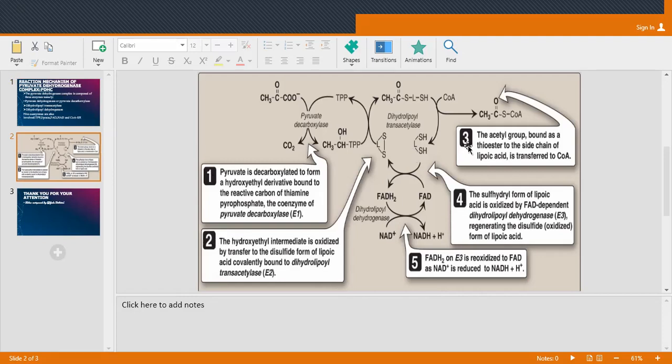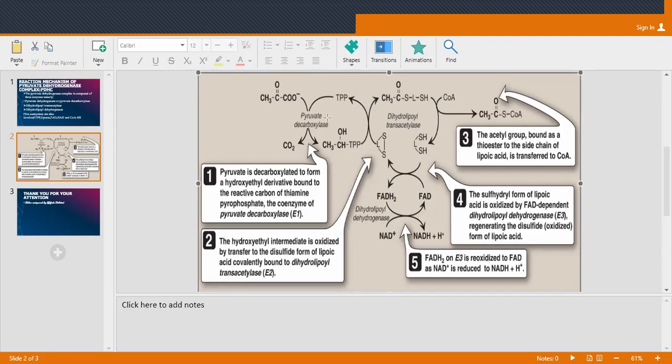Reaction number 3 is catalyzed by the dihydrolipoyl transacetylase, which is also known as the dihydrolipoyl acetyltransferase. Reaction 4 and 5 are catalyzed by the dihydrolipoyl dehydrogenase. Just understand that. Okay. Then let's go to the actual reaction mechanism.